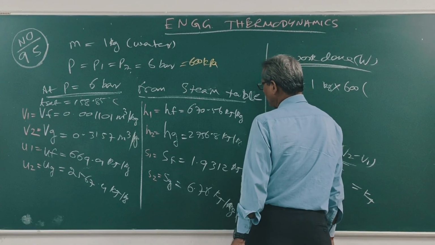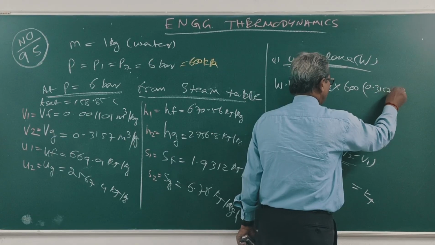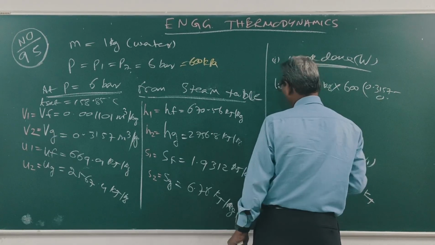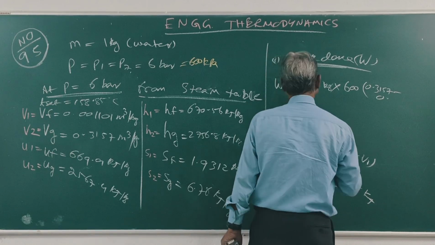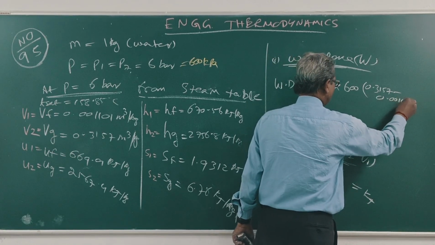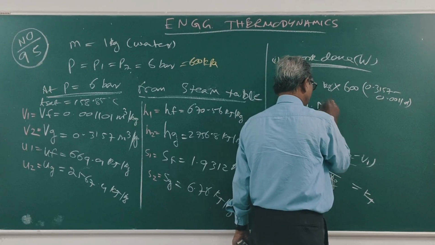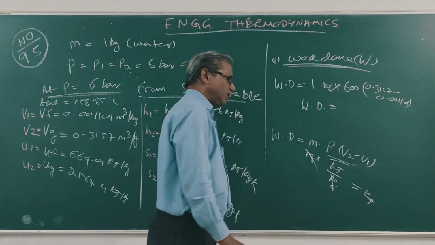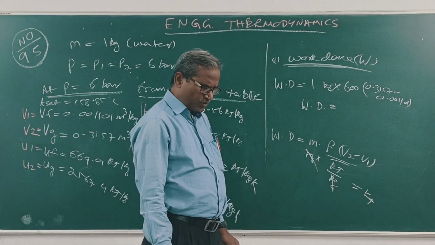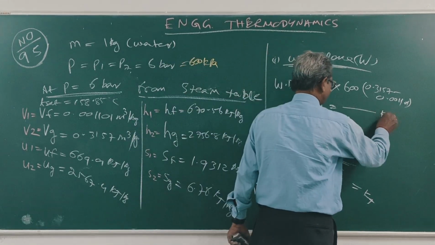What is V2? 0.3157 minus 0.001101. Now to find the answer, W, we will use a calculator. This is in kilojoule.